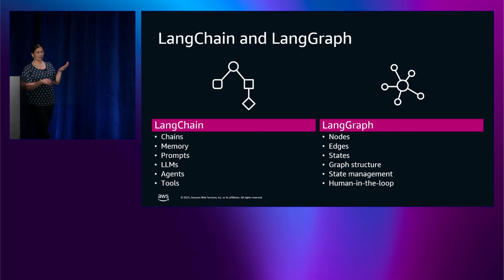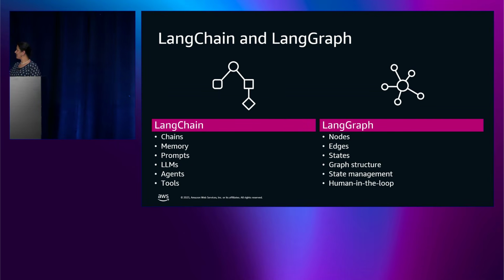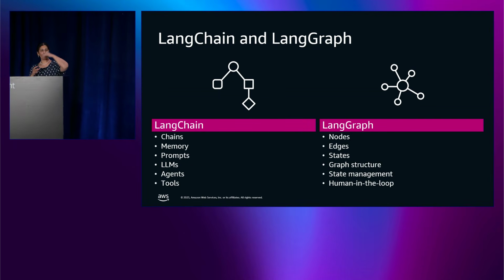LangGraph, on the other hand, is where you need complex, stateful workflows. There are edges and nodes in LangGraph, and it is more about managing the whole state as well. It can go back and say, okay, I've done this, but I have to now do that action again.